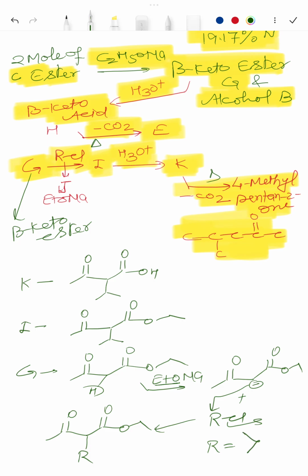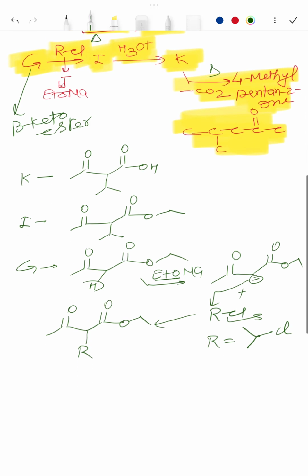So R is here CH3CHCH3, and the chloride is CH3CHClCH3. Let's assume this for a very short time, and let's clear this with other reactions also.